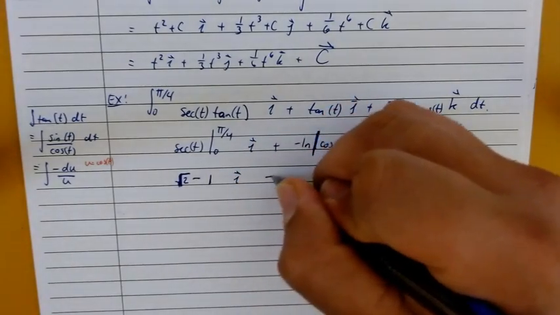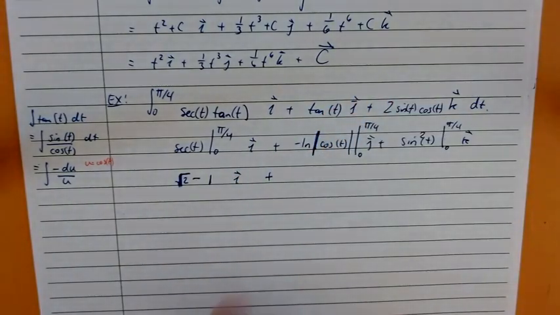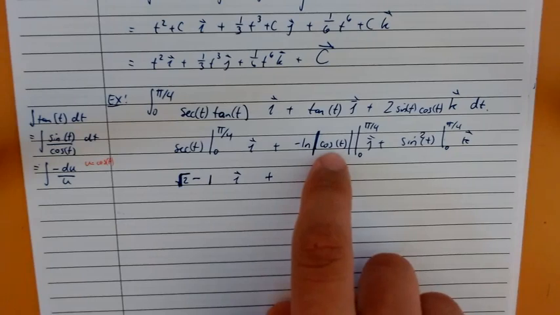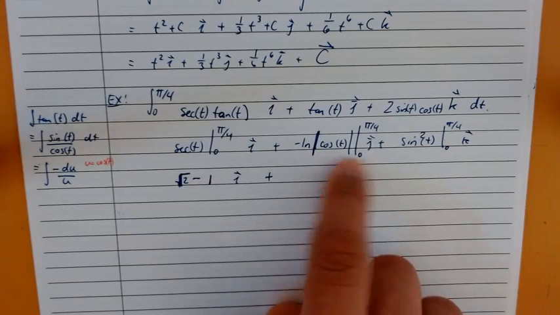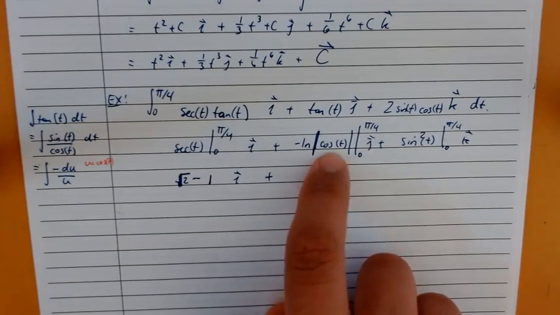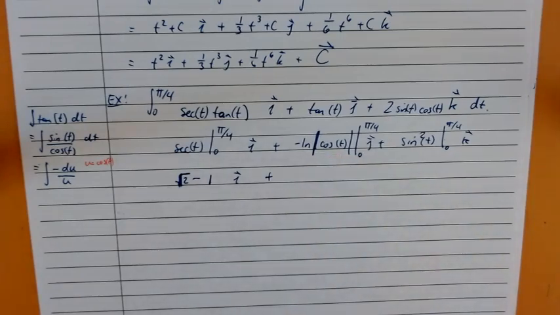I plus, let's see here, cosine of pi over 4, that's root 2 over 2. And then the cosine of 0, that's, well, that's going to be 1, right? Yeah.